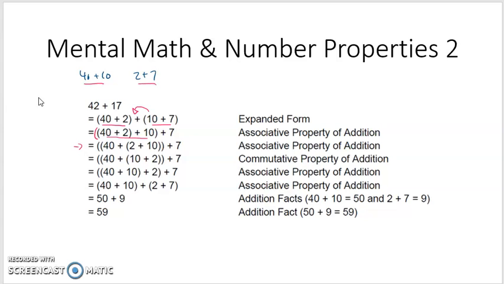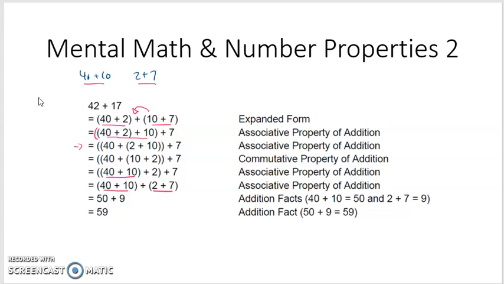This is looking promising. That's the commutative property. Because now I can reassociate 40 plus 10 plus 2. I can associate the 40 and the 10. That's how you group your 10s. Plus 2. Lastly, use the associative property again to group your 10s, group your 1s.